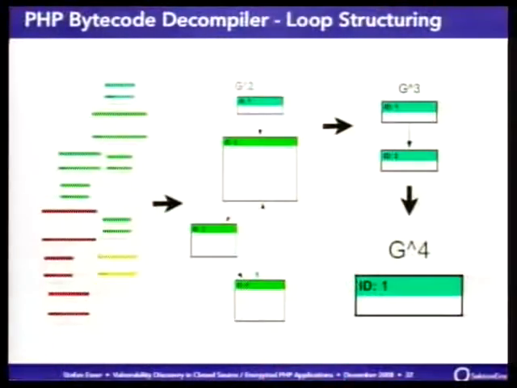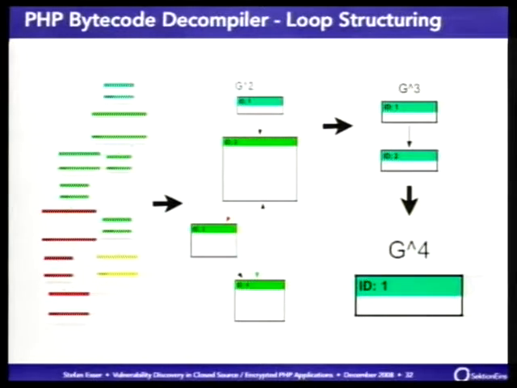In G2, you see that every one of the 4 intervals of the first graph is collapsed into a single node, and the edges between the intervals are now the edges between the nodes of the second graph. And you do the same again.